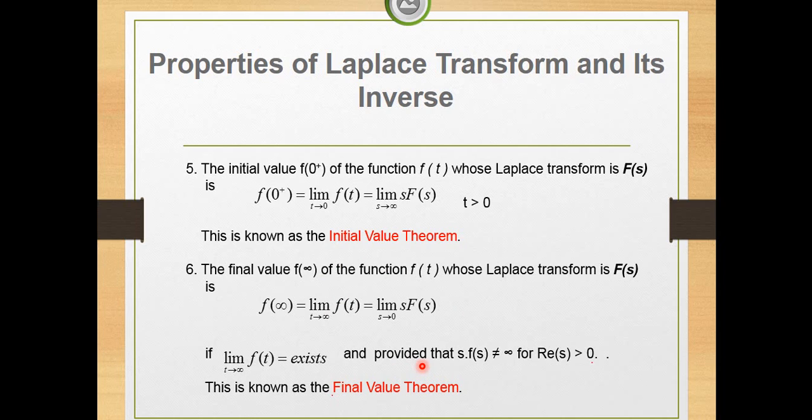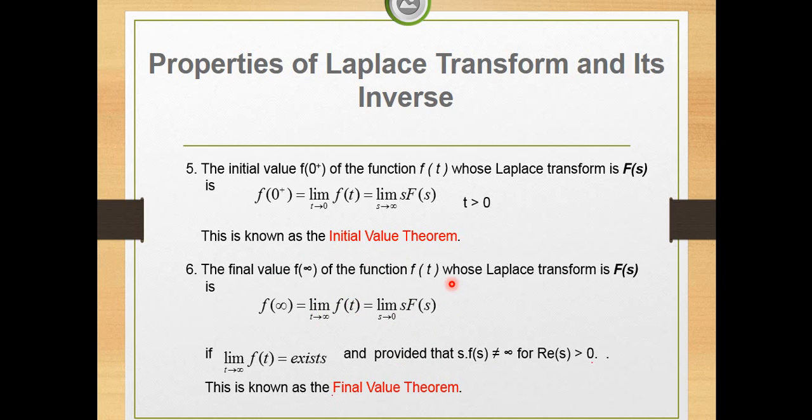You multiply it with s. Then, you substitute, for all the s in that product of s times function of s, a value that is greater than 0. If the resulting expression assessed here is infinity, your formula for the final value theorem will not be applicable anymore.